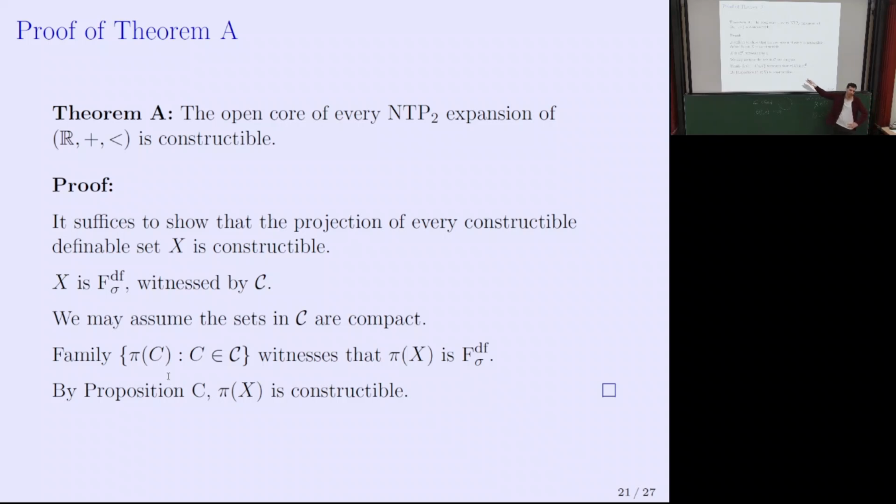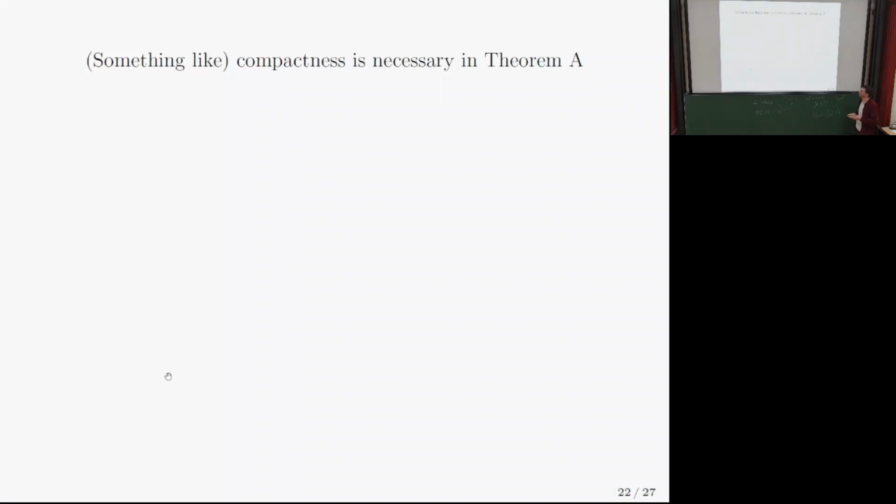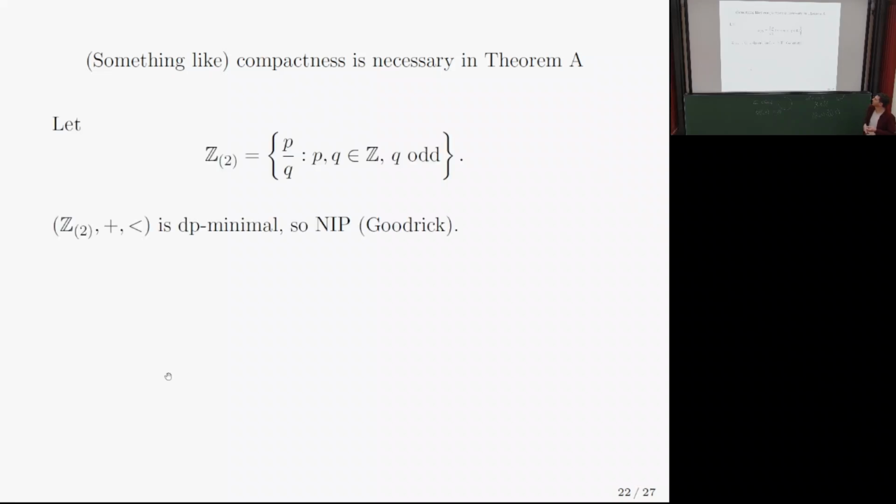It felt like maybe NTP2 or some other combinatorial definition implies that the closure of a set is constructible, something nice like that, and then you could argue theorem A in a way more general setting for NTP2 topological structures. But the truth is, we do need something. For that, I'm going to present an example, which is the integers localized at 2.